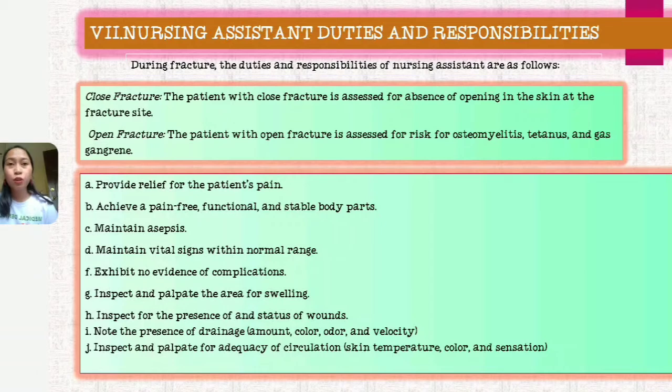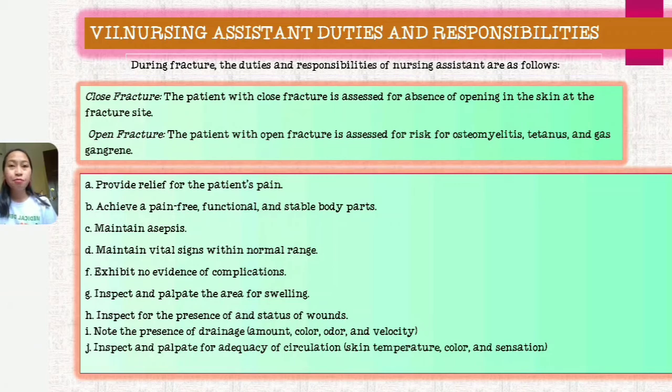For closed fracture, the patient with closed fracture is assessed for the absence of opening in the skin at the fracture site. But before that, I will first discuss what a closed fracture is. A closed fracture is a broken bone that does not penetrate the skin. So meaning if you are a nursing assistant, we should always watch our patient to see if he or she has an open wound on the skin.